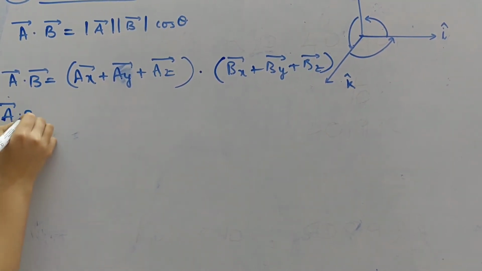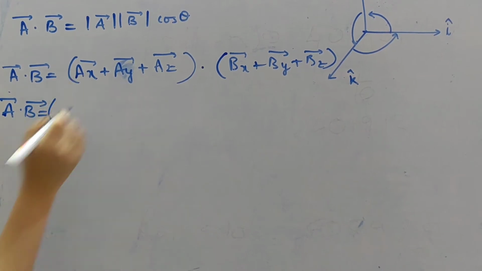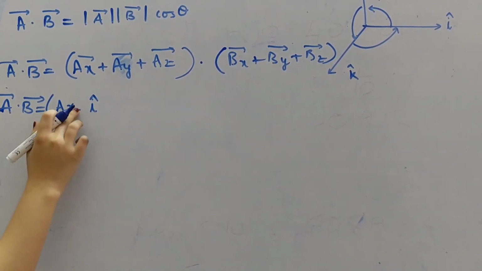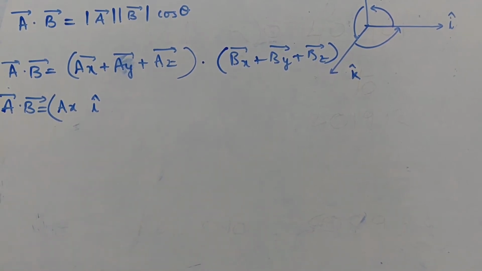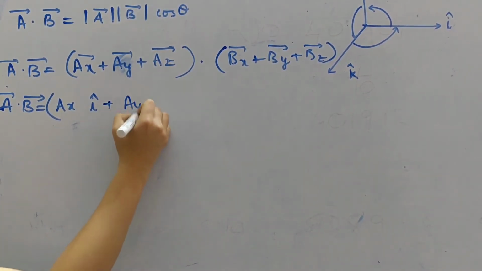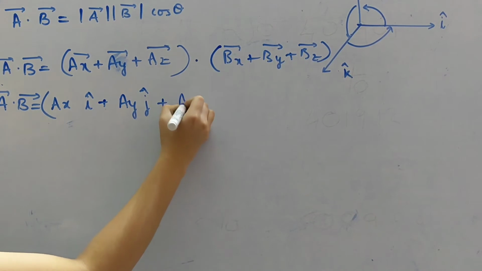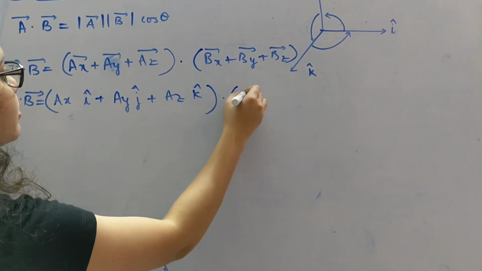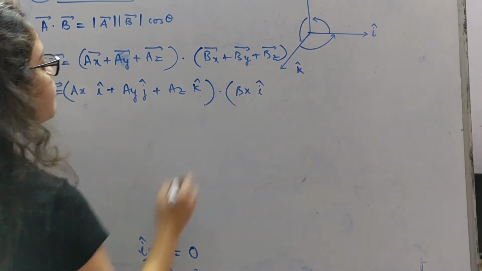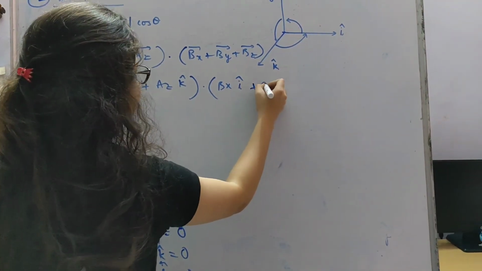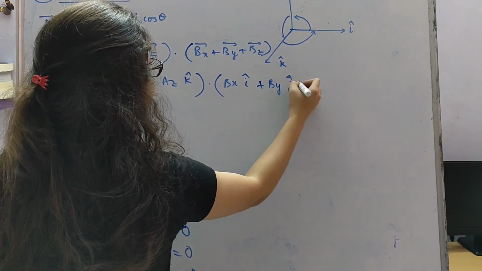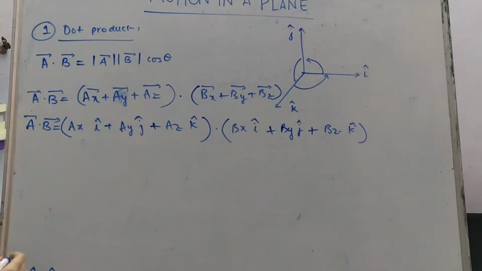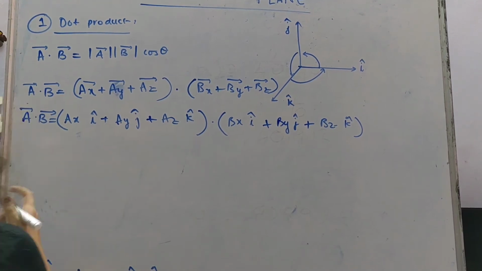Then how will I write Ax vector as? Ax into I cap. This is not dot here. Ax I cap plus Ay J cap plus Az K cap, right? Dot Bx I cap plus By J cap plus Bz K cap.